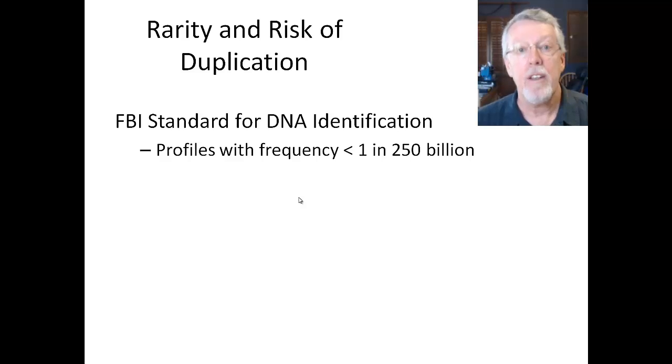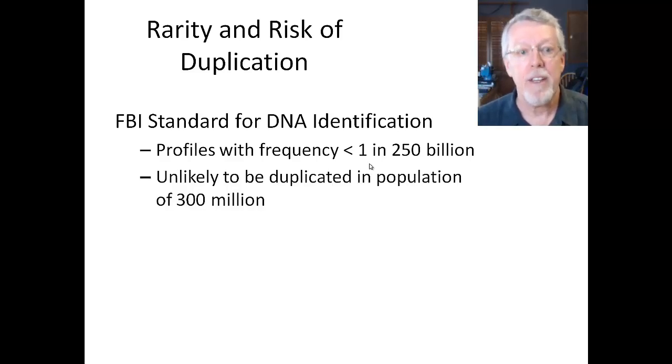So the question is, when you compare two items and find that they have the same DNA profile, how rare does that profile have to be before the examiner can simply report that they are from the same person? The FBI has set a threshold for that, saying that if the frequency of the shared profile is less than 1 in approximately 250 billion, then the examiner can report that the items have the same source. Well, what's the logic of this?